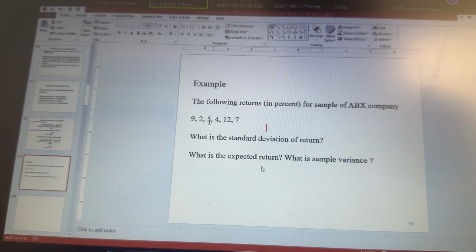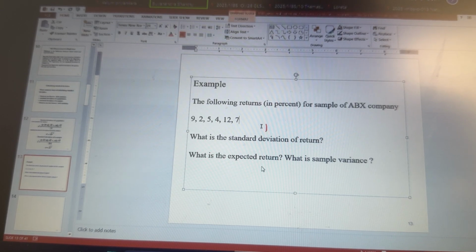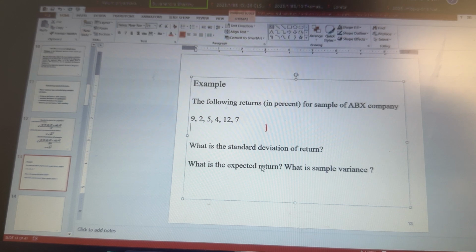Let us first go for the expected return.